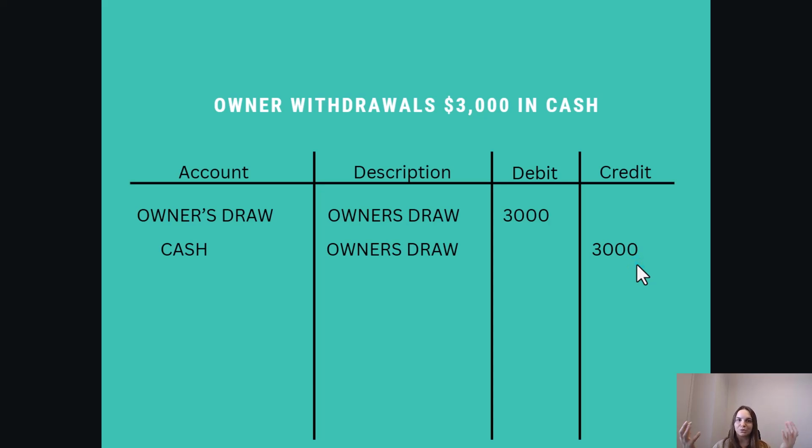This is literally just restating all the information that we've gone over, except putting it into a journal entry type format. So now that we have gone over journal entries, our next step is to talk about how we choose our chart of accounts. And then we are going to dive right into a full accounting cycle. When we do that, we are going to learn how to enter all of these transactions into QuickBooks or into an accounting software.